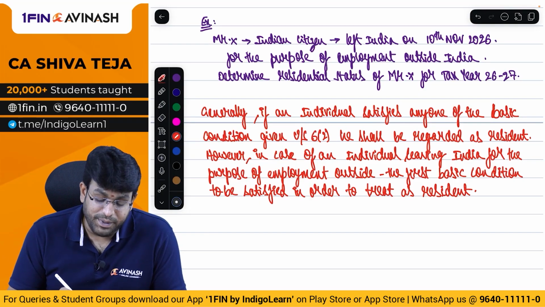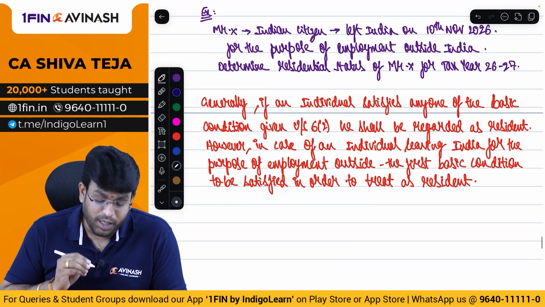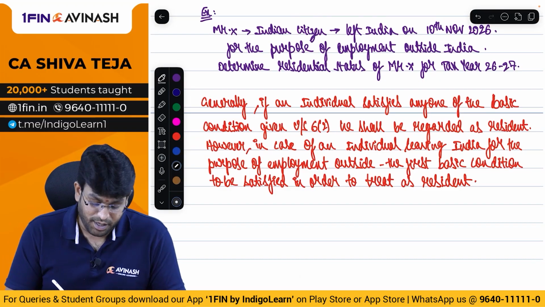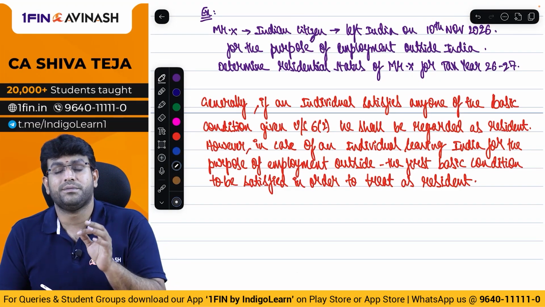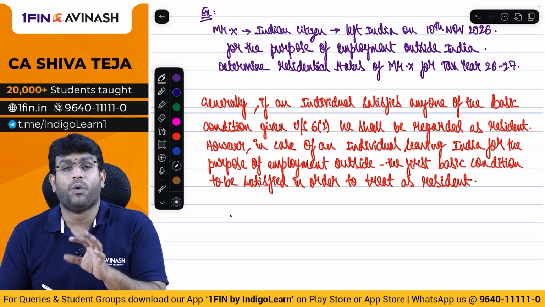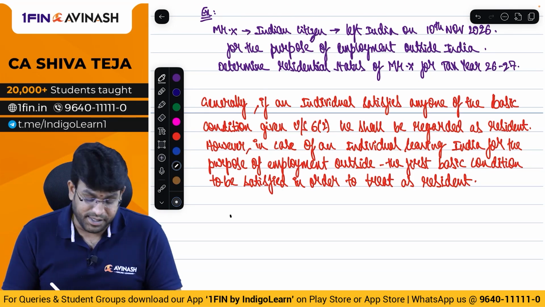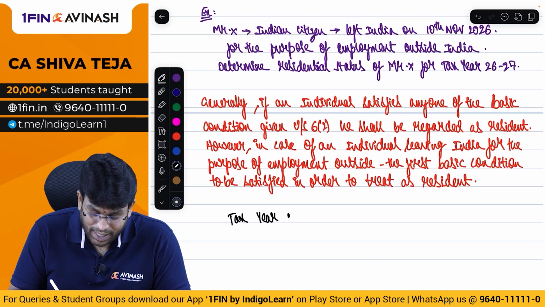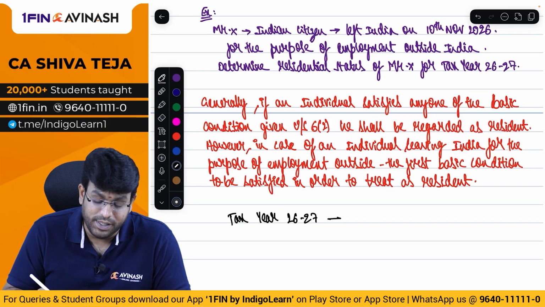Now, what is the first basic condition? He must be in India for a period of 182 days or more during the tax year. Now tell me, what is the tax year? The tax year is 26-27.